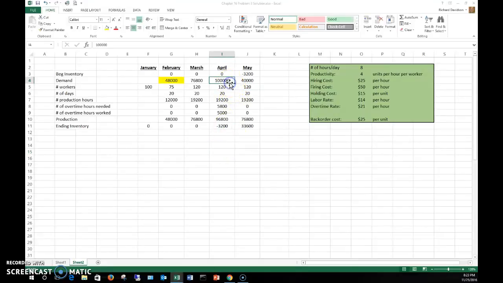And if you look at the demand we have for April, it's 100,000 units. And going about it the same way, if we divide that by 4, we'll need 25,000 hours of work to make the number of widgets we need. And we already know with 120 employees, we're going to get 19,200 hours of work out of those employees.